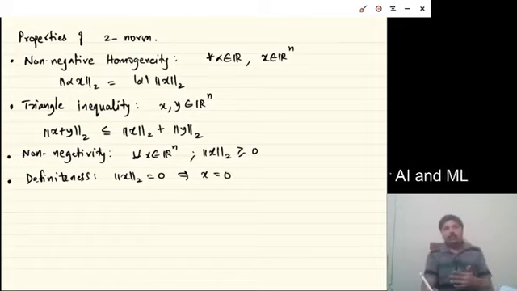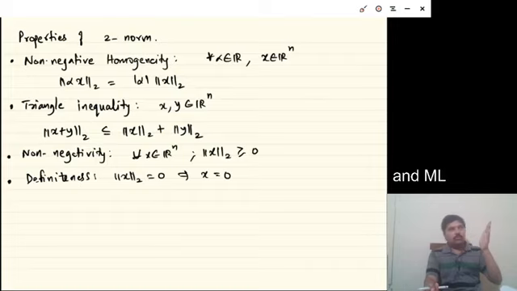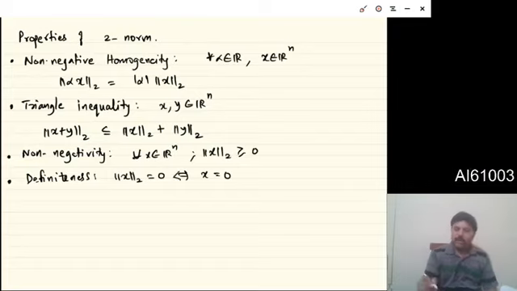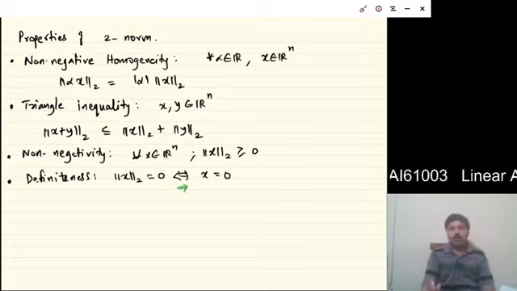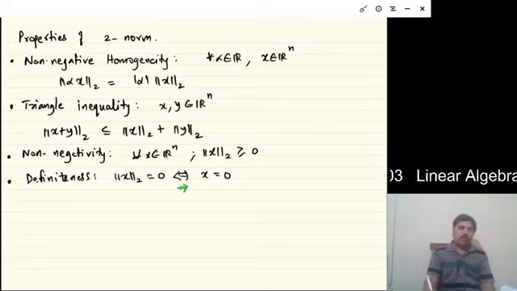And the converse is obviously true. If x is equal to 0, then you are looking at 0 square plus 0 square plus 0 square under root, which is always going to be 0. So this actually is if and only if. But the more non-trivial one is this: if the norm of a vector is 0, then the vector has to be equal to 0.